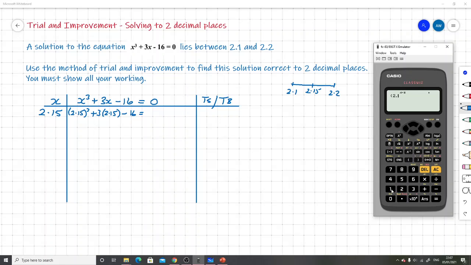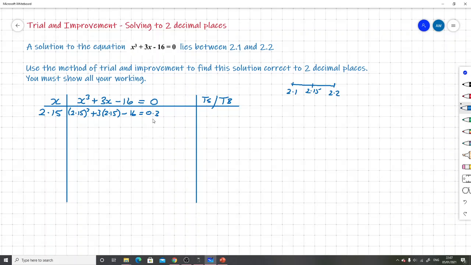Bracket 2.15 close bracket cubed plus 3 brackets 2.15 close bracket, take away 16 equals, and then because we get a fraction we press the SD button and we get our decimal.